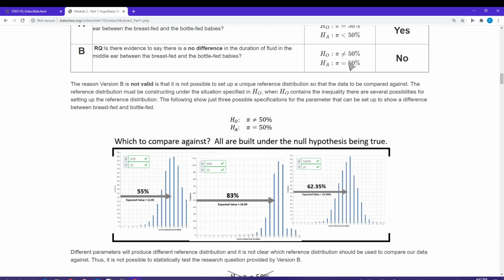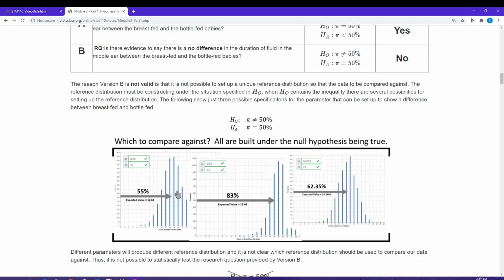So for example, I could use 55% to build my reference distribution, because that would be a value under the null. I could choose 83% to build my reference distribution, because that would be another value under the null. I could use 62.35% because that would be another value under the null. So again, the reference distributions are built under the null hypothesis. But in the one that I have here, there are many, many different values that we could use to build the reference distribution.